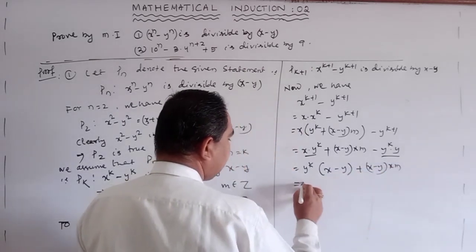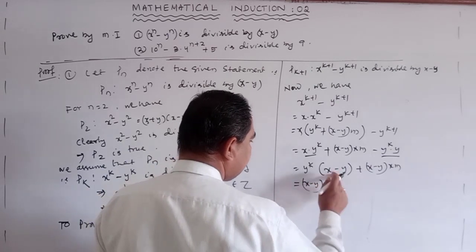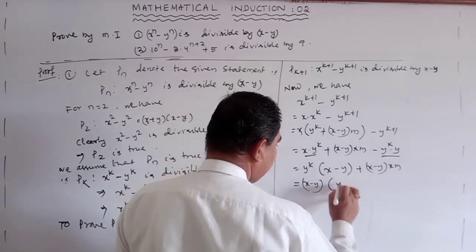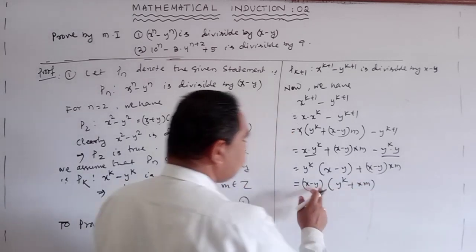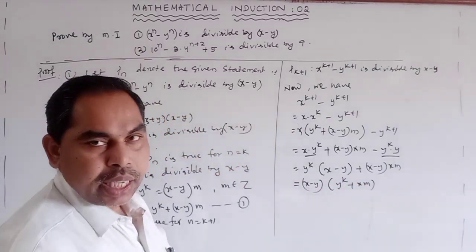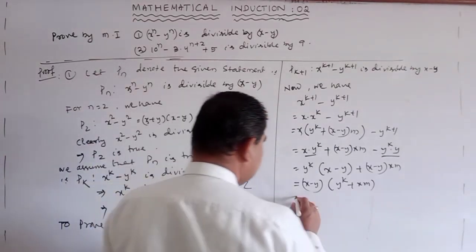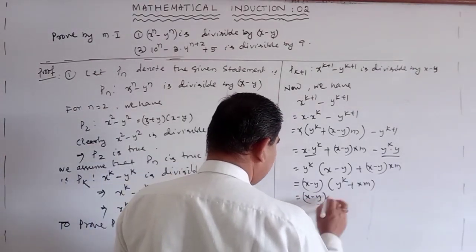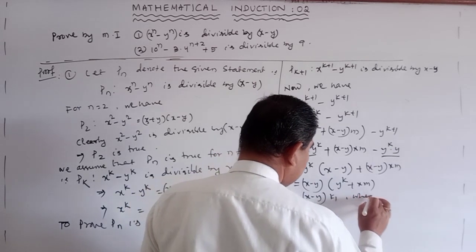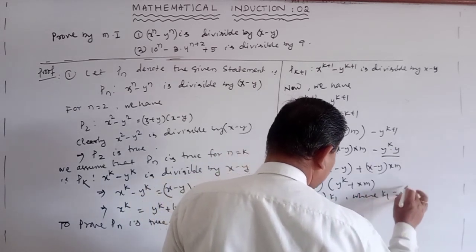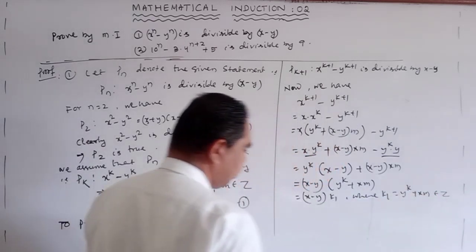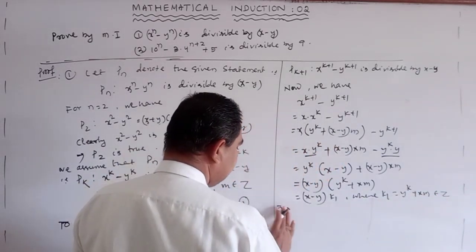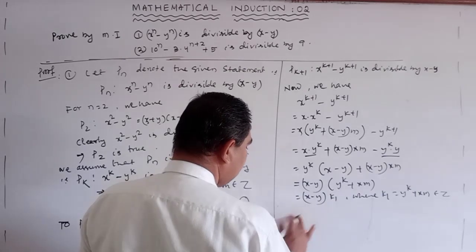So this is equal to x minus y common, taking out x minus y, remaining y to power k plus xm. So this is x minus y times an integer, x minus y into k1, where k1 is equal to y to power k plus xm, which belongs to the set of integers Z.